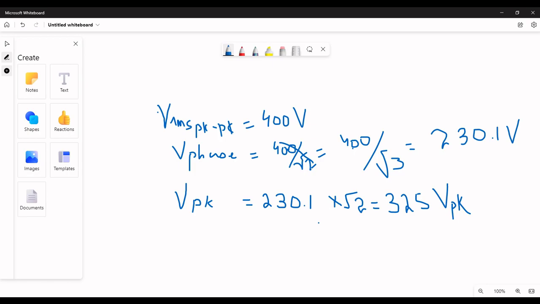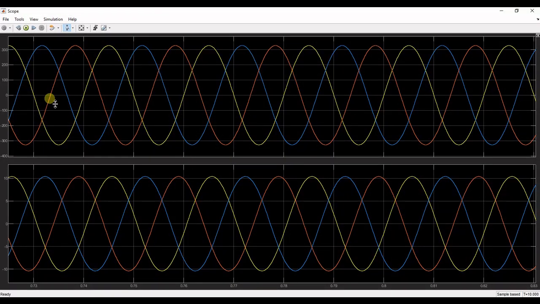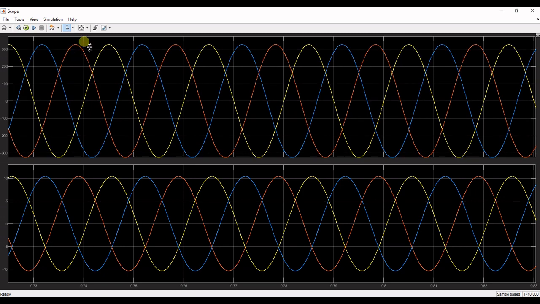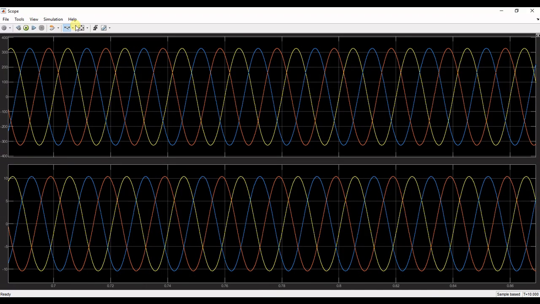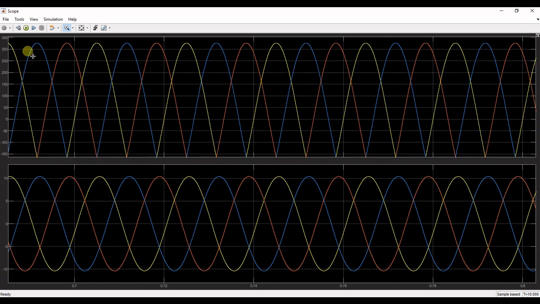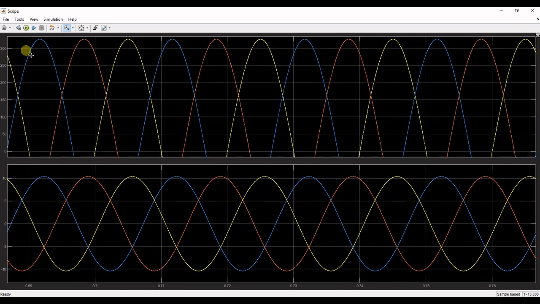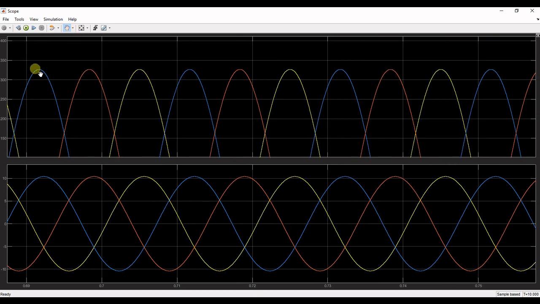So our waveform should have a 325 peak value and 230 volts per phase value, and a 400 volts RMS value. We will go to our scope and see how much the value is coming. The peak value of this waveform should be around 325.